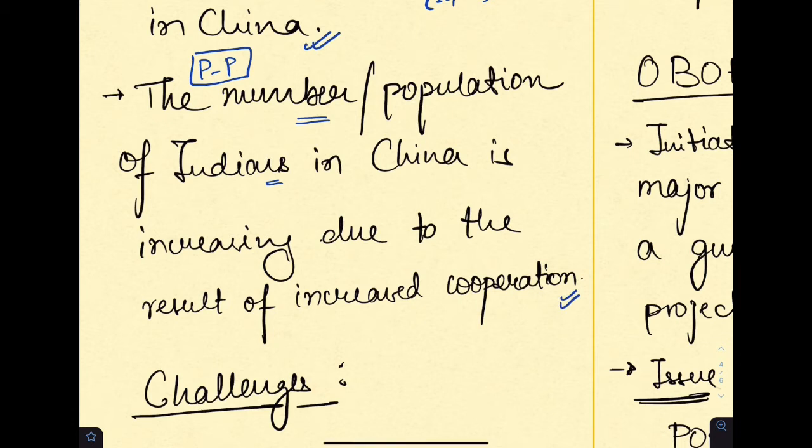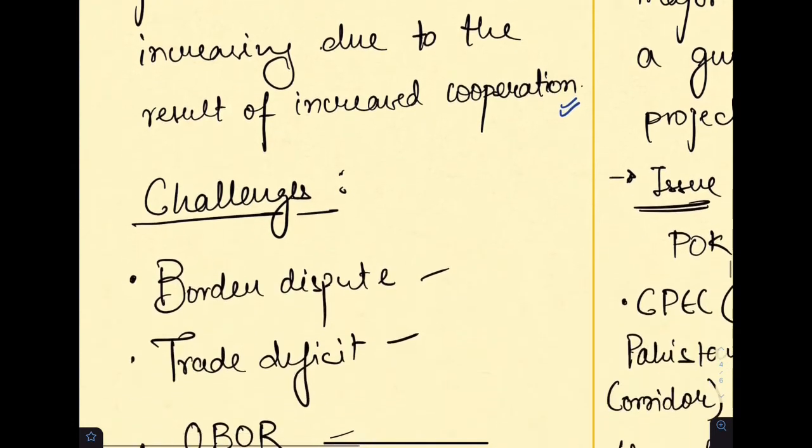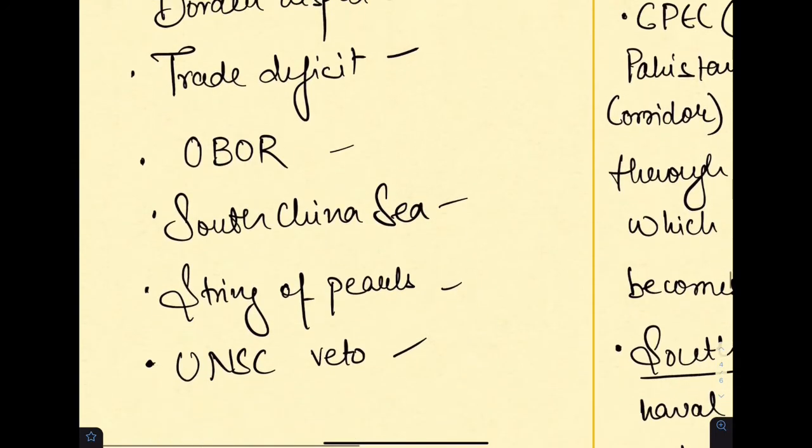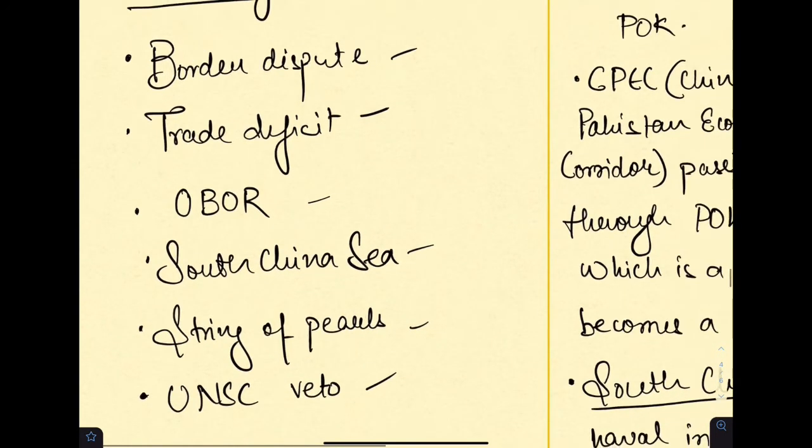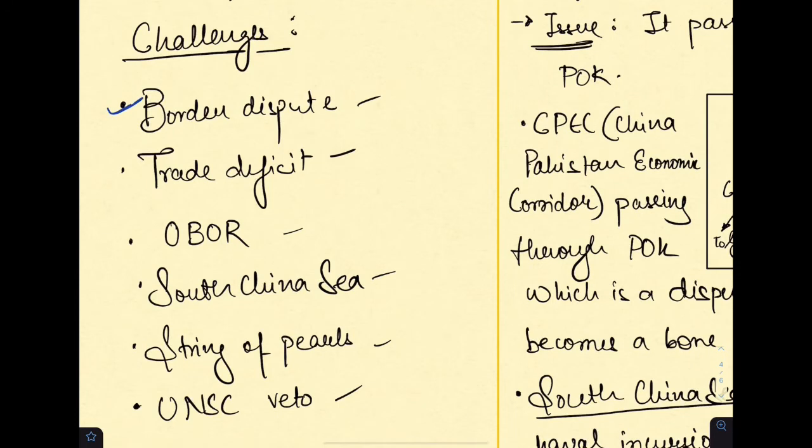Okay. Now comes the major part. What are the challenges? There are many challenges. The main ones are the border dispute, trade deficit, One Belt One Road, South China Sea issue, the string of pearls theory, and the UNSC vote challenge. We are going to look at this one by one.